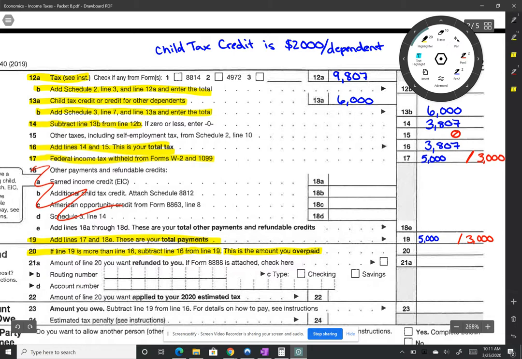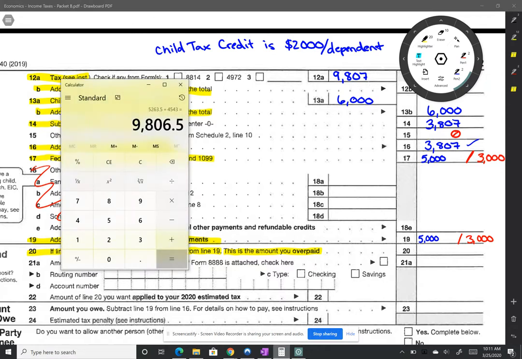Okay, so think about it this way. Our tax bill is $3,807, but this individual paid $5,000. They only needed to pay $3,800. That is, they overpaid. So we subtract the two. Okay, 5,000 minus 3,807.